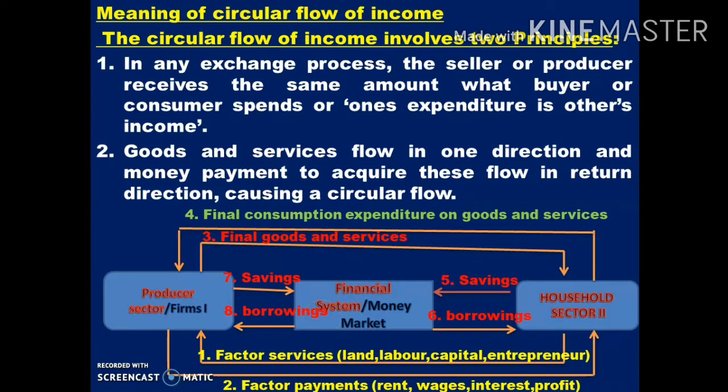You can see the savings from the household are going to this financial sector. Then in return, borrowings are taken from the financial sector by the household sector. You can see savings going from the producer sector to the financial sector, and in return you get borrowings from the financial sector. Producers may also need borrowings for their livelihood.